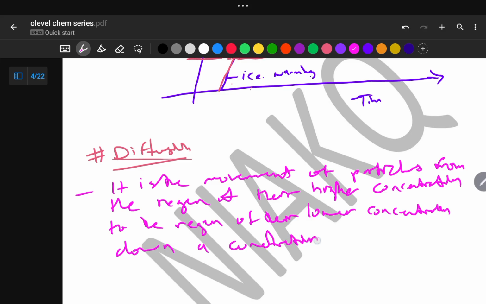It's repetition, but we want to highlight that one. So, down a concentration gradient.